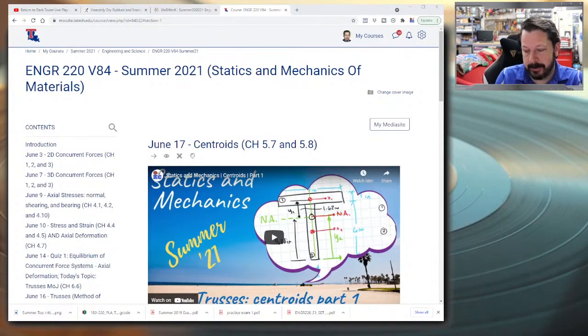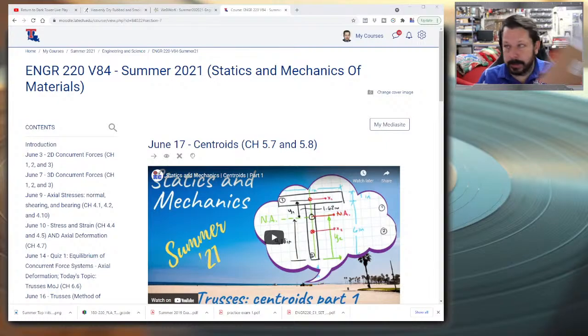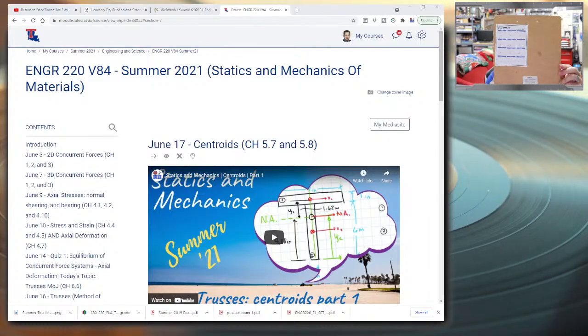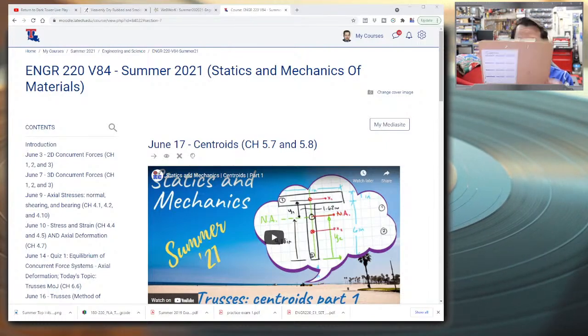So it's not a volume. You could have a centroid of a volume, but we are only doing two-dimensional cross-sectional centroids. So the idea here would be if you had a shape of some sort, maybe just like a rectangle, and you wanted to balance that. This is relatively 2D. It does have some thickness to it, but it's relatively 2D.